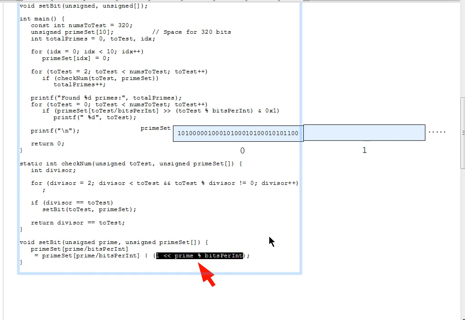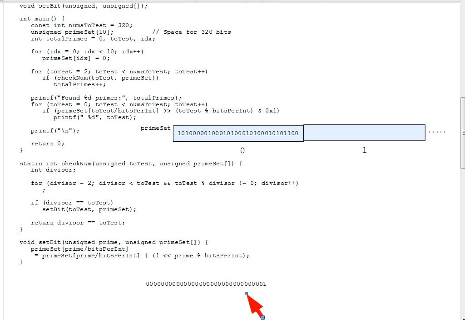This performs a left shift, an operation we discussed in a prior lecture. It shifts the bits of the first operand, which is simply 1, to the left by as many positions as indicated by the second operand, the value prime modulo bits per int. Any pair of integer operands is allowed for this. The 32-bit pattern for 1 is all zeros and a 1.